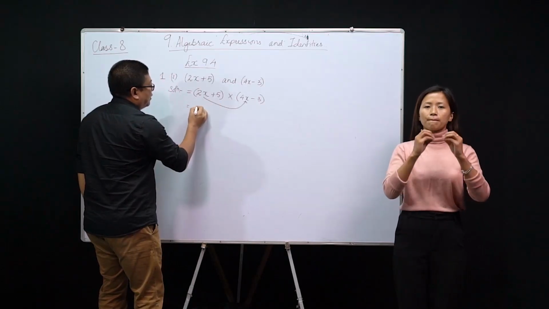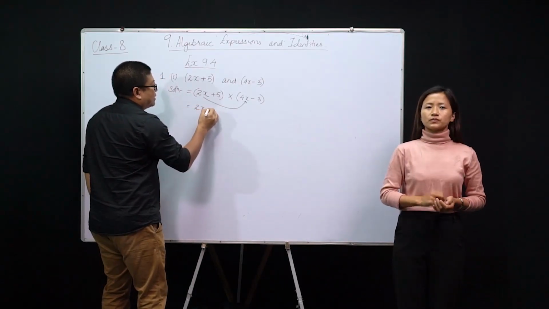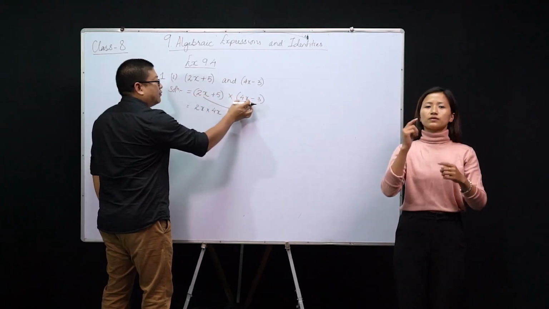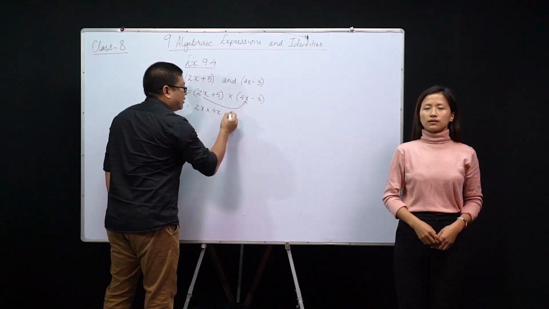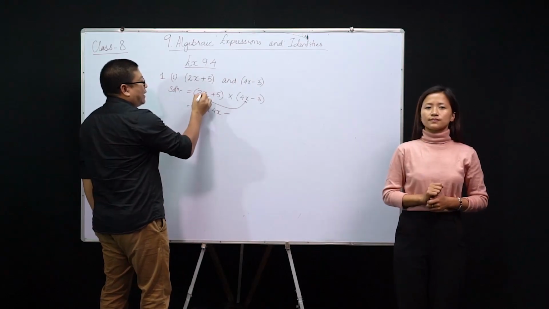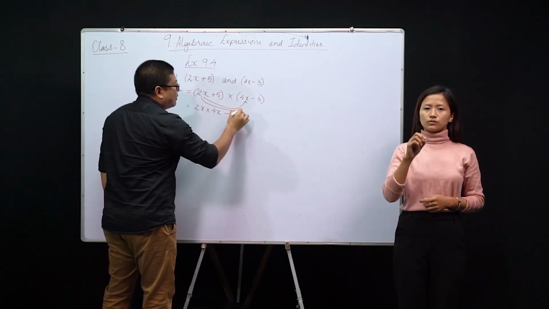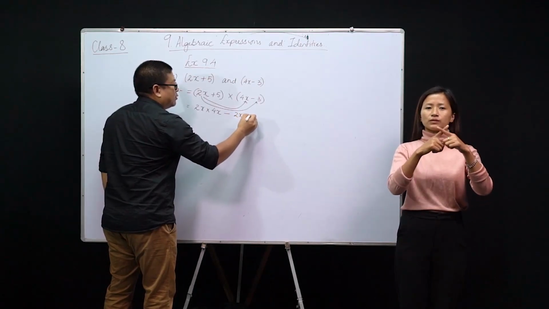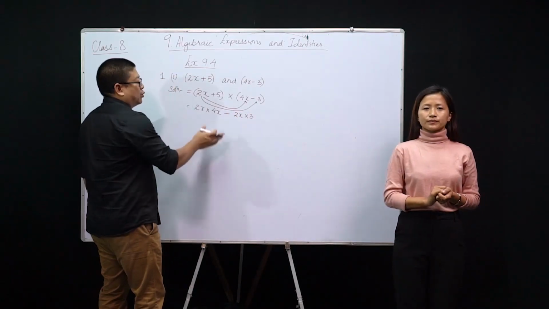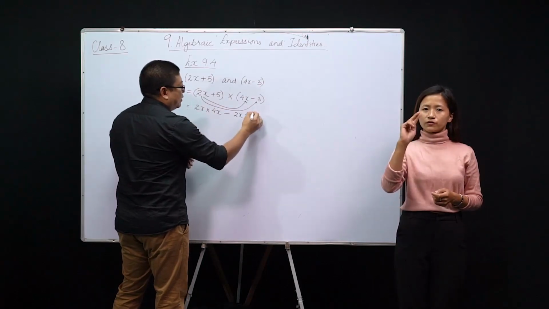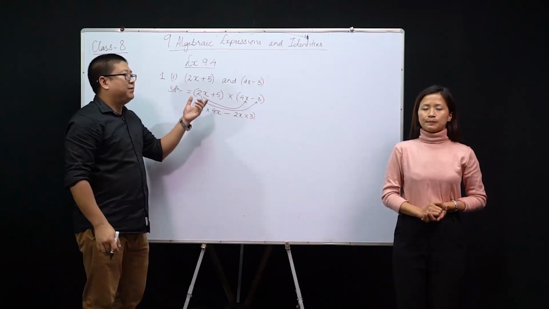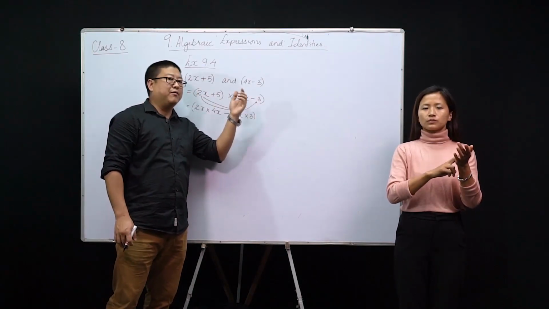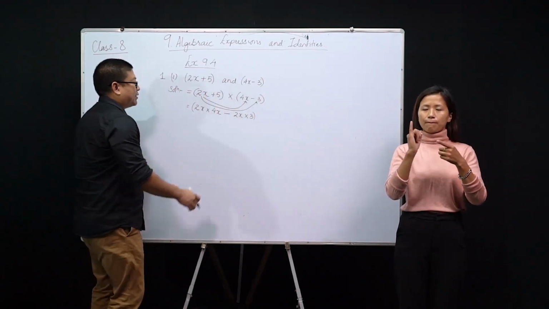So we'll write it like this: 2x into 4x, and then there's a minus sign, so you put minus. Again, you take 2x and multiply with 3, so 2x into 3. So this is your first part. This is simply like a monomial multiplying a binomial, which we have already done in the previous exercise.